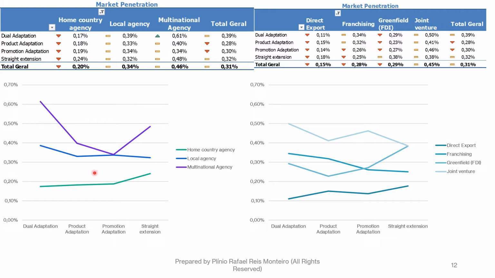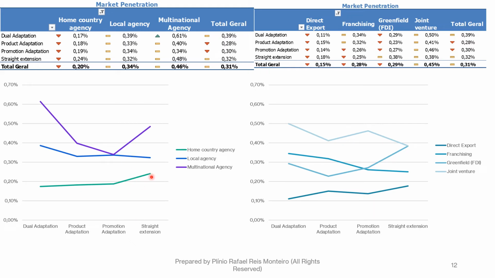There are minor differences, but here a local agency provides a high level of market penetration, and the other methods are quite the same, no matter the type of agency you're using. But local agencies are much better than the home country agency. The only approach where the home country agency seems to be a little bit better is when they use the strafe extension.